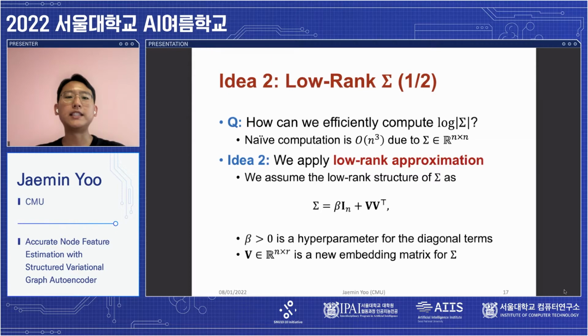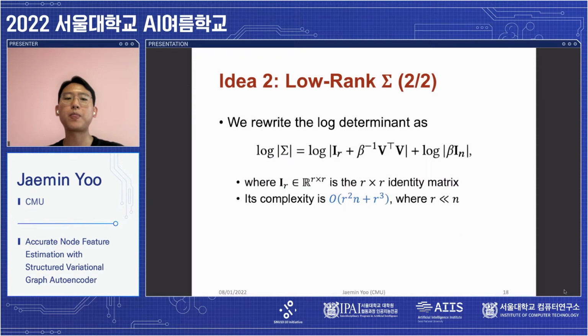The second question is, how can we efficiently compute the log determinant term in the KL divergence, because the naive computation is n cubed, where n is the number of nodes. Our idea is to apply low-rank approximation to the covariance matrix by assuming the low-rank structure of the sigma matrix as follows. Here, beta is a hyperparameter for the diagonal terms, and V is our new node embedding matrix to model the covariance matrix.